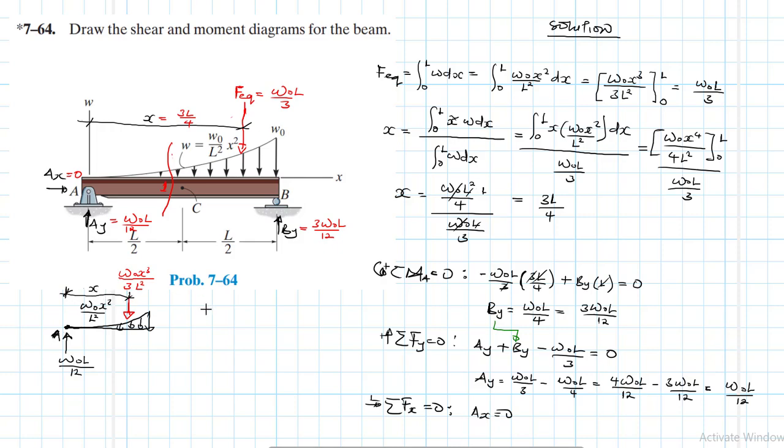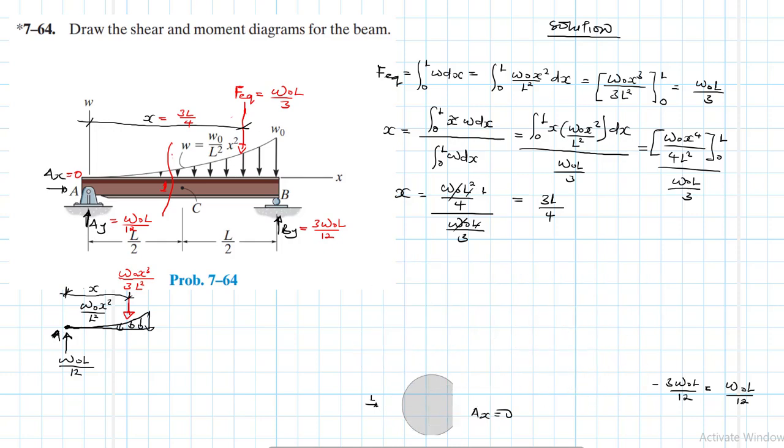Okay, I'll call this x. We need to find that. All right, so we are going to use the same criteria. Let me just look at how we found our x. So this x for this particular section is going to be equal to, because we are integrating, W naught x cubed divided by 3L squared.